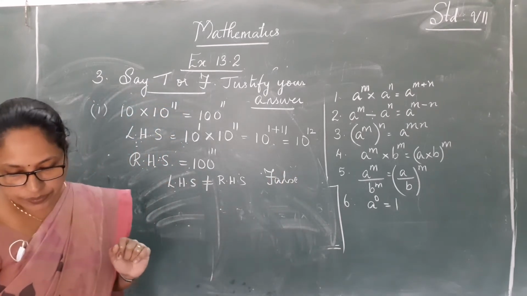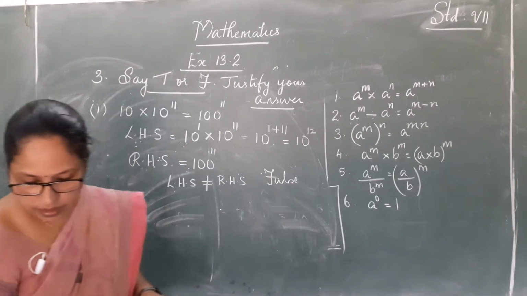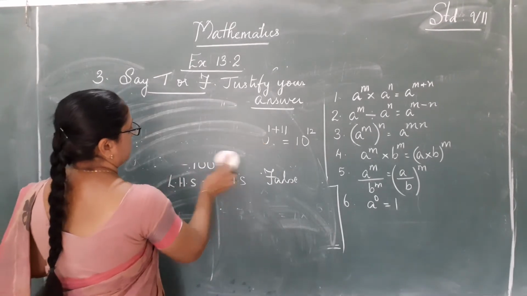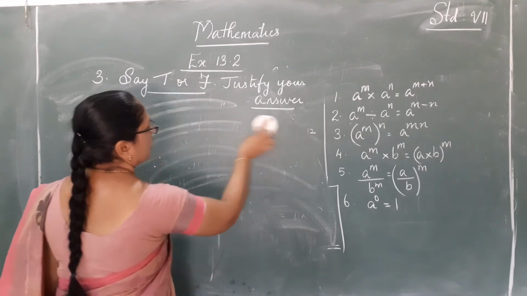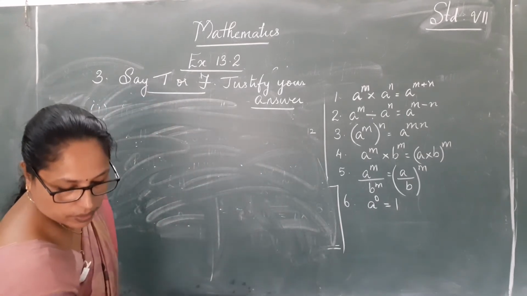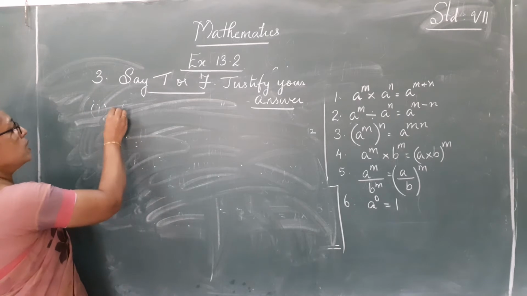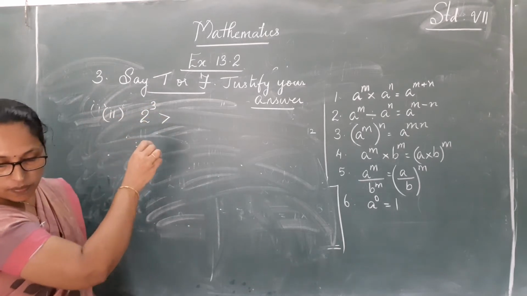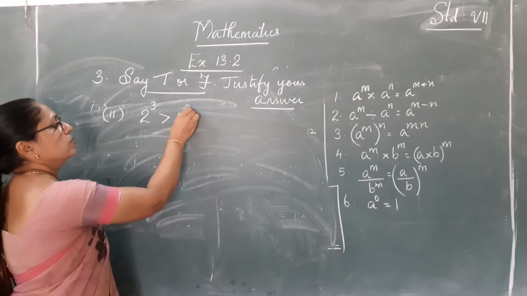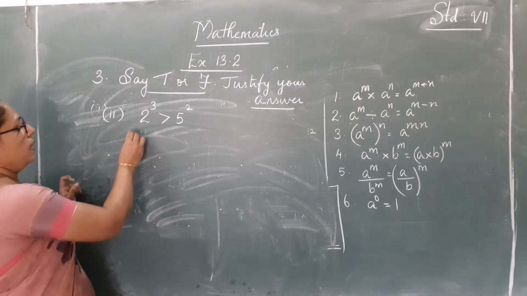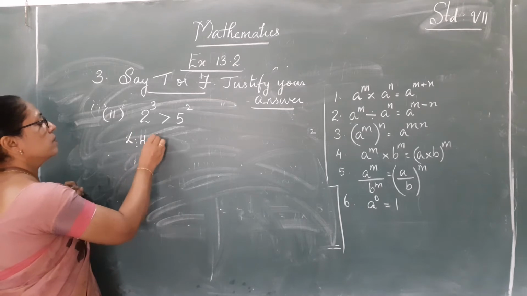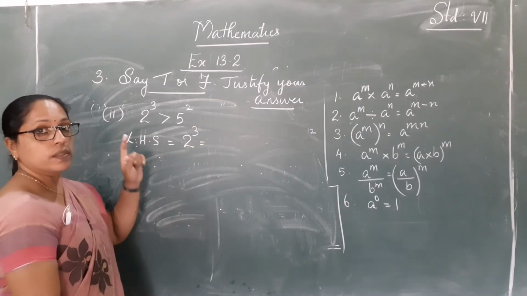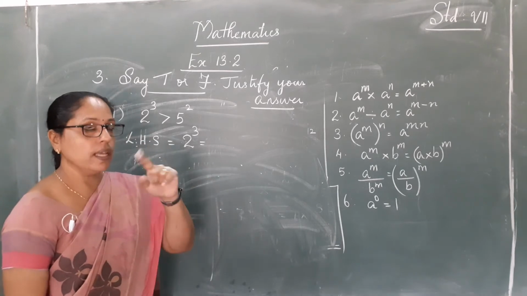Now question 2, second part. One more I will show you, then the rest you can try. Second part: 2 raised to 3 is greater than 5 raised to 2. Take the left side, LHS, 2 raised to 3. 2 raised to 3 is multiplying 2, 3 times.